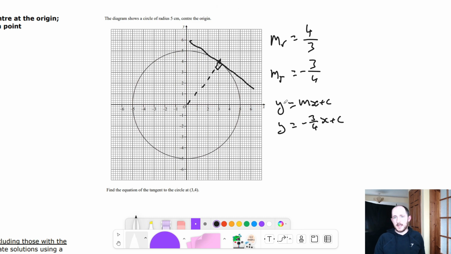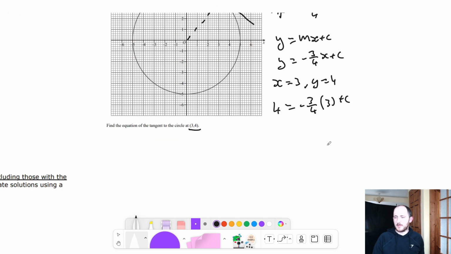I don't know what c is, but I know one of the coordinates that the tangent goes through. It's (3, 4), as it says in the question. So if I say x is equal to 3 and y is equal to 4, I can sub that in to work out what c is. This is just some basic rearranging.